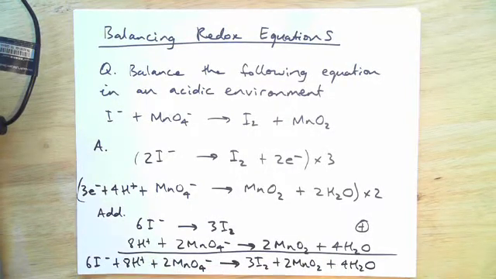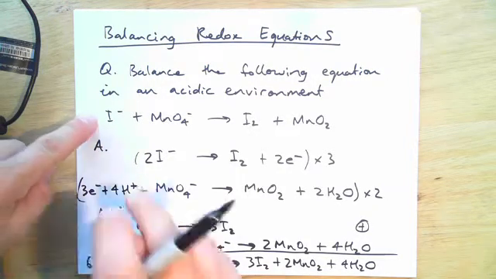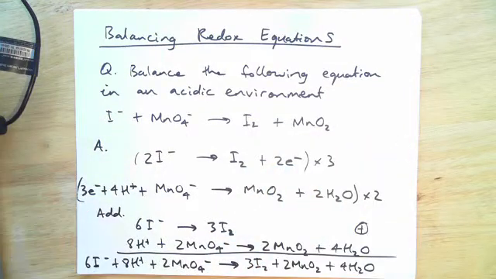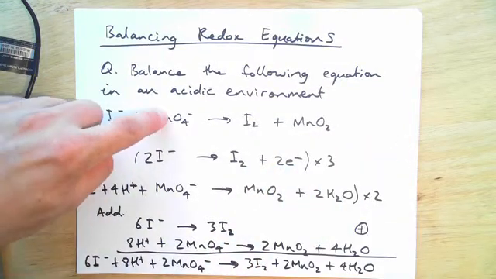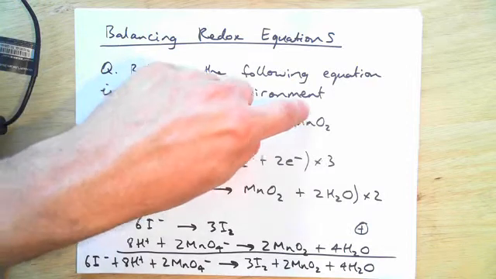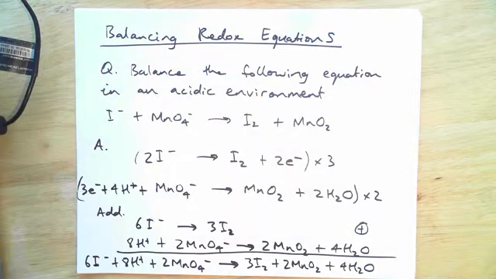After all that, that's the overall balanced equation. We still have our original species, the I minus, the MnO4 minus, the I2, and the MnO2, but we've been able to introduce these other species that will have it balanced overall.